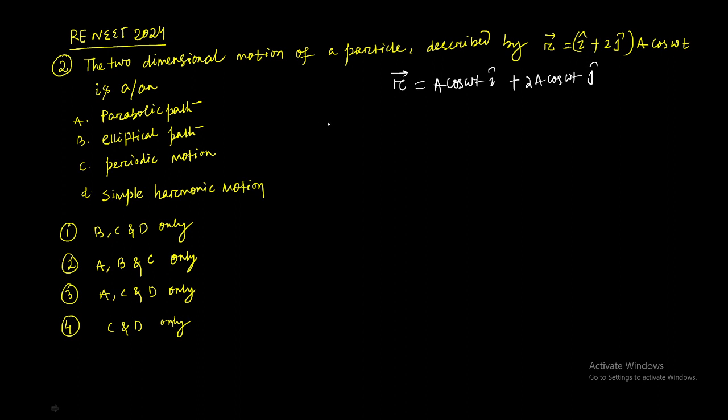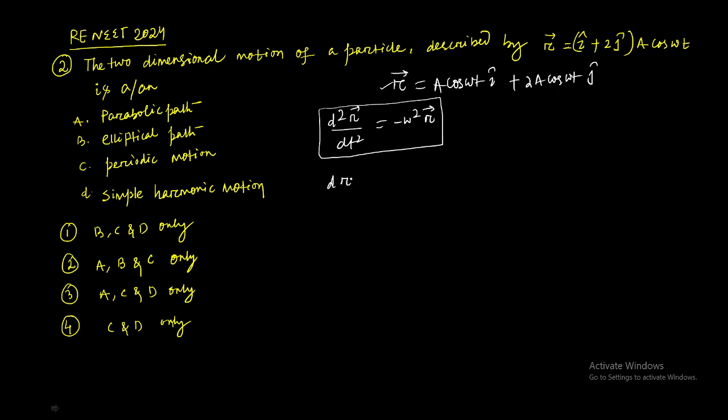If it is following simple harmonic motion, then I know that d square r by dt square should equal minus omega square r. We have to check now whether this relation holds for this motion r.